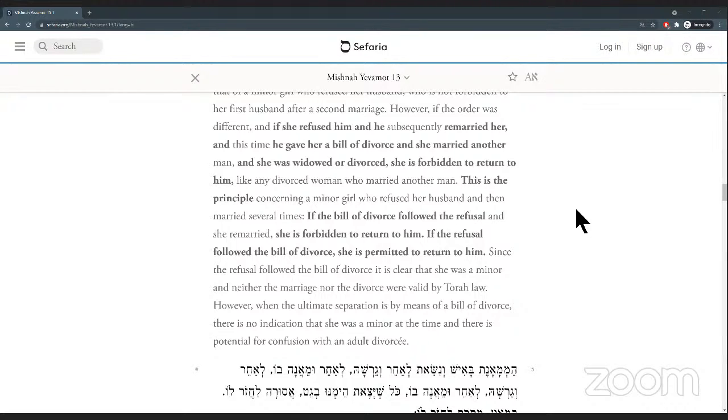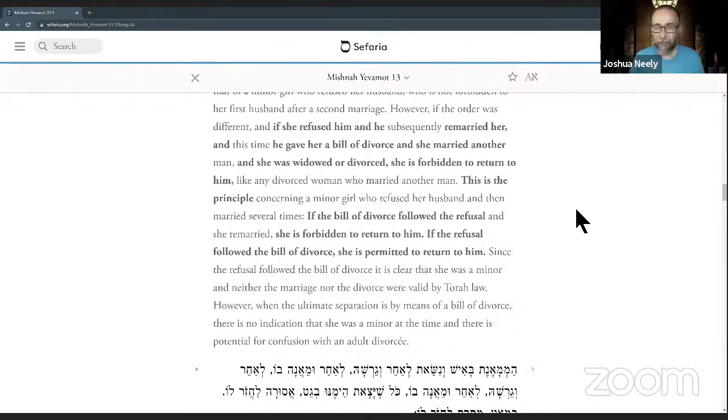So kind of, if he gives her a divorce, then she flat out loses her right of refusal. If he gives her a divorce, then from that relationship, she indeed cannot exercise her right of refusal. However, if they get re-betrothed while she is still a minor, she could refuse him at that point, and that would wipe out the divorce status that she had from the first encounter.